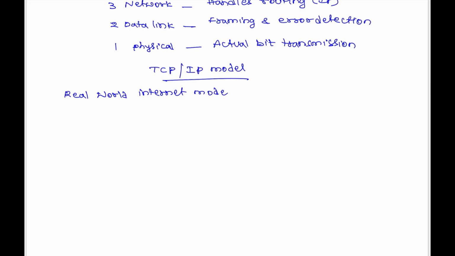It has 4 layers: the application layer, the transport layer, the internet layer, and the network access layer.